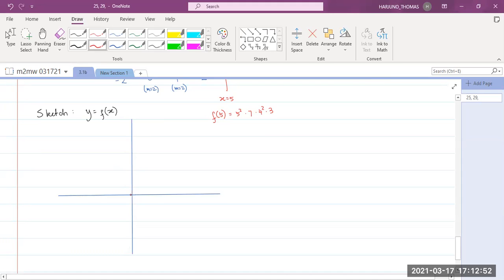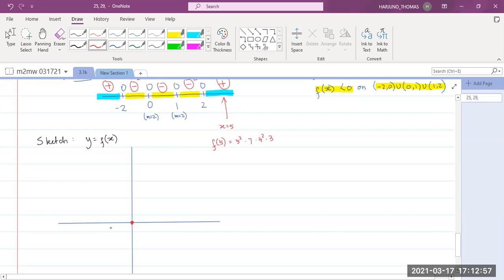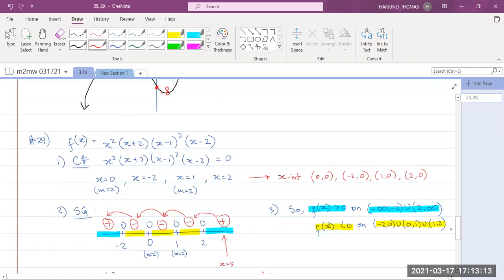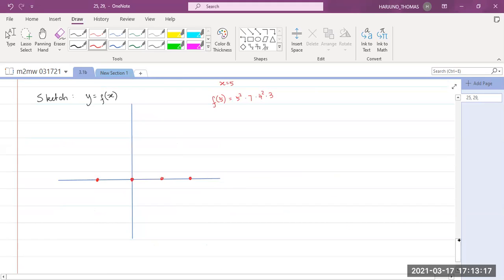The x-intercepts are (-2, 0), (0, 0), (1, 0), (2, 0). Right? We already have it up there. And the y-intercept happens to be (0, 0) also.